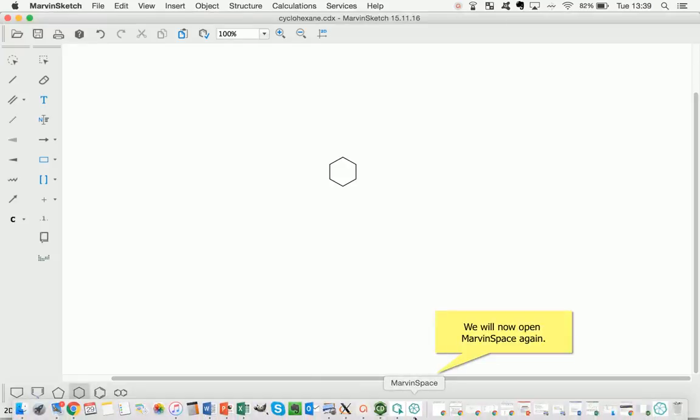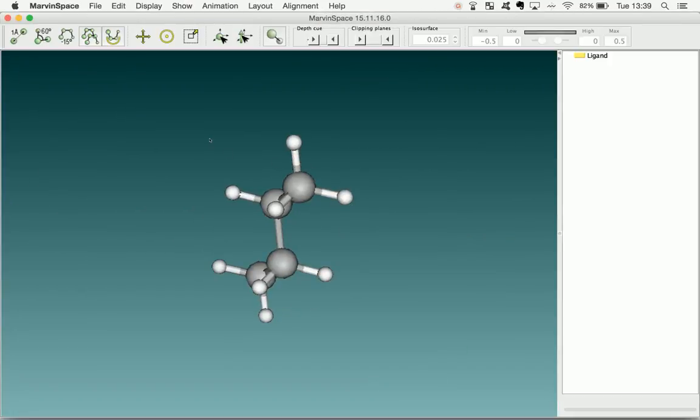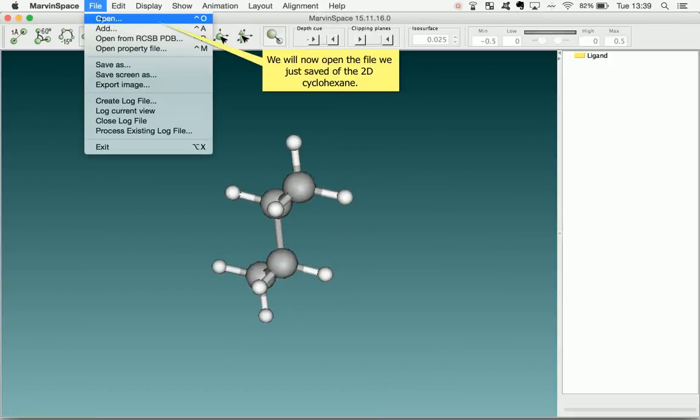We will now open MarvinSpace again. We will now open the file we just saved of the 2D cyclohexane.